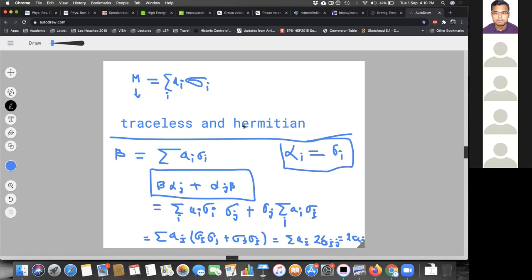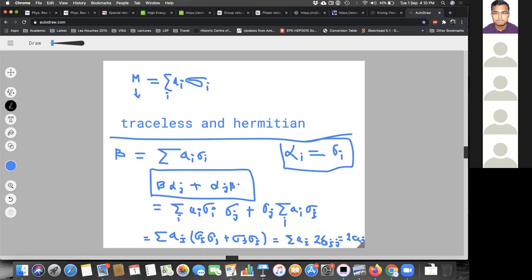So just to conclude: you take the 3 alpha i's to be your sigma i's or any linear combination of them, such that they satisfy the anti-commutation relation. You should do that first of all. Once you do that, you try to find the 4th one by making another linear combination of the sigma i's, and check whether the 4th one satisfies the desired anti-commutation relation with the alpha i's or not.